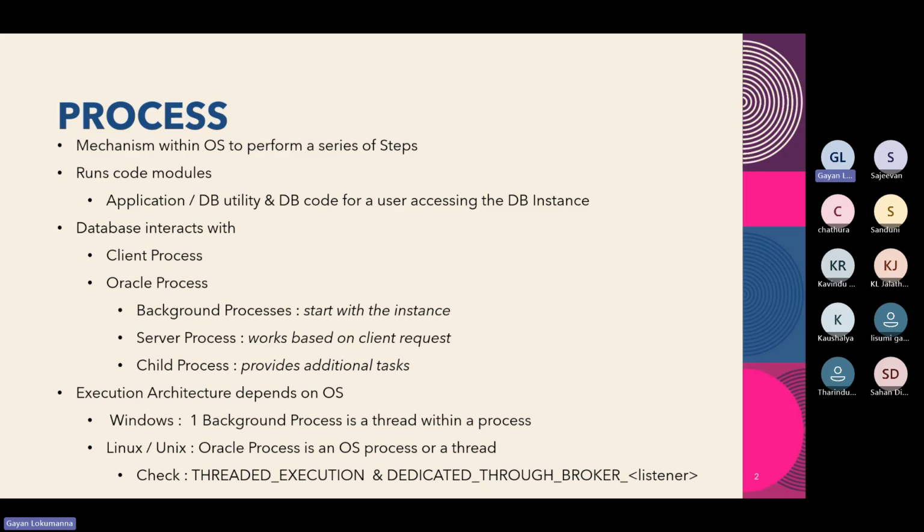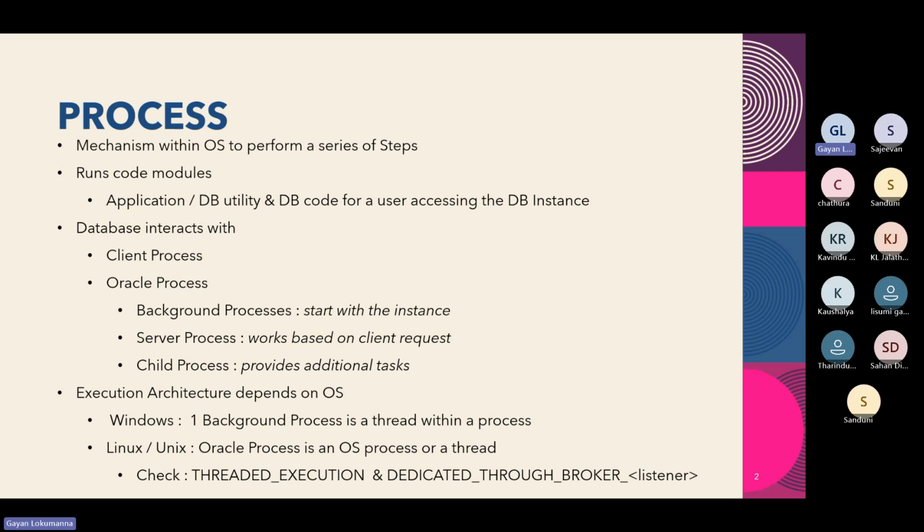Now, in the context of Oracle, these processes will run code modules. What are these code modules? There are two types of code modules that you will identify when you have a process or a database connection. Whenever you want to connect to the database, you need to create what we call a database session.